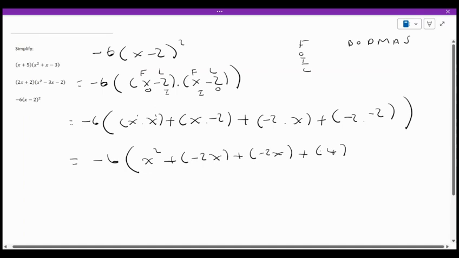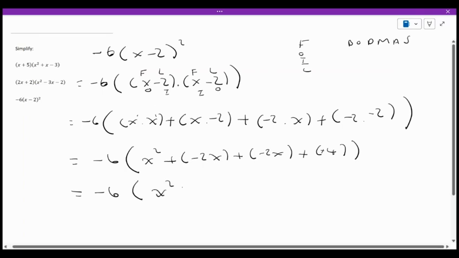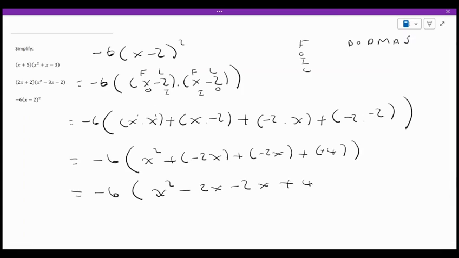There's a reason why I wrote this in brackets, because I just want you to see that. And we still carry this minus 6 from the outside. Now this is x squared minus 2x minus 2x plus 4. Why? Positive and negative make a negative. We're still not done with this.